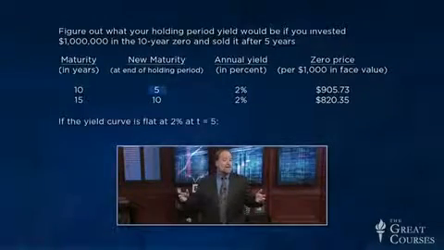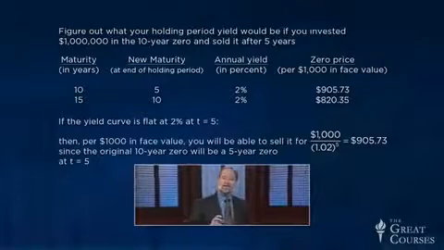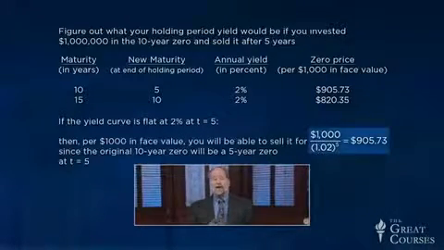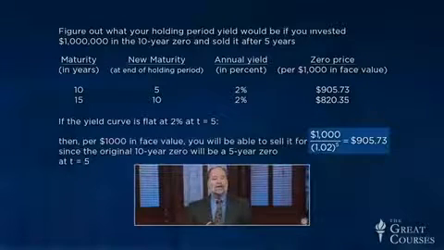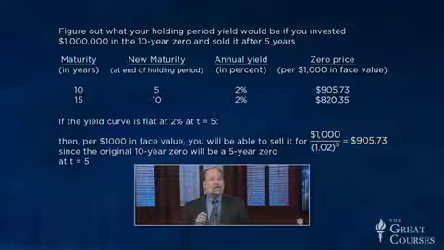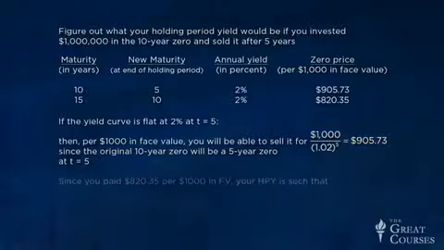So at t equals 5, let the yield curve be flat at 2%. If so, then per $1,000 in face value, you will be able to sell it for what? 1,000 divided by 1.02 raised to the fifth, or $905.73. Since the original 10-year zero is now a 5-year zero, you discount it back at 2% for 5 years.